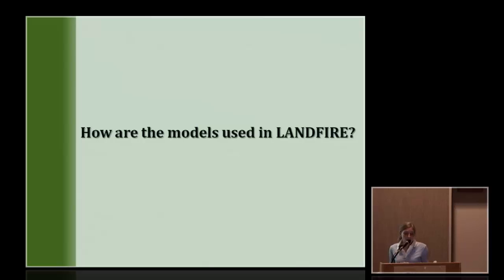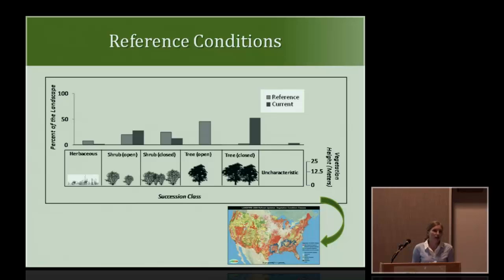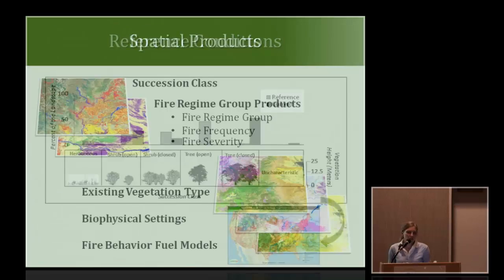So we have a number of important ways that we use this model product in LANDFIRE. The first one really is to generate a set of reference conditions that we then compare to current conditions to map vegetation condition class. But it's also used in a number of the other spatial products.